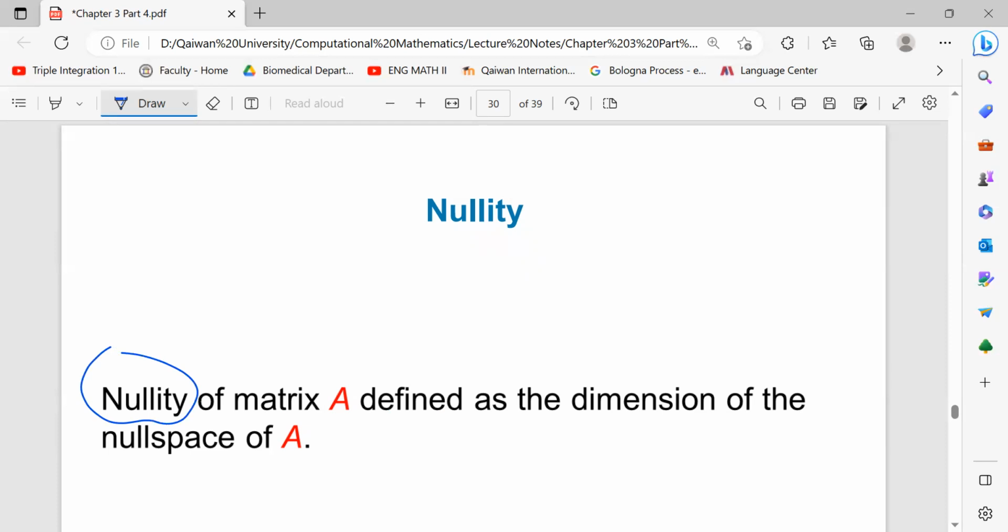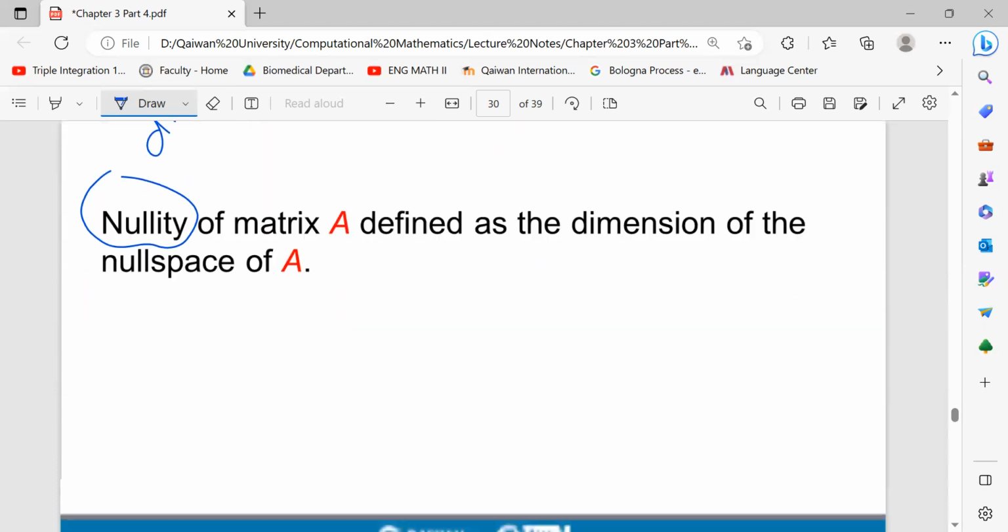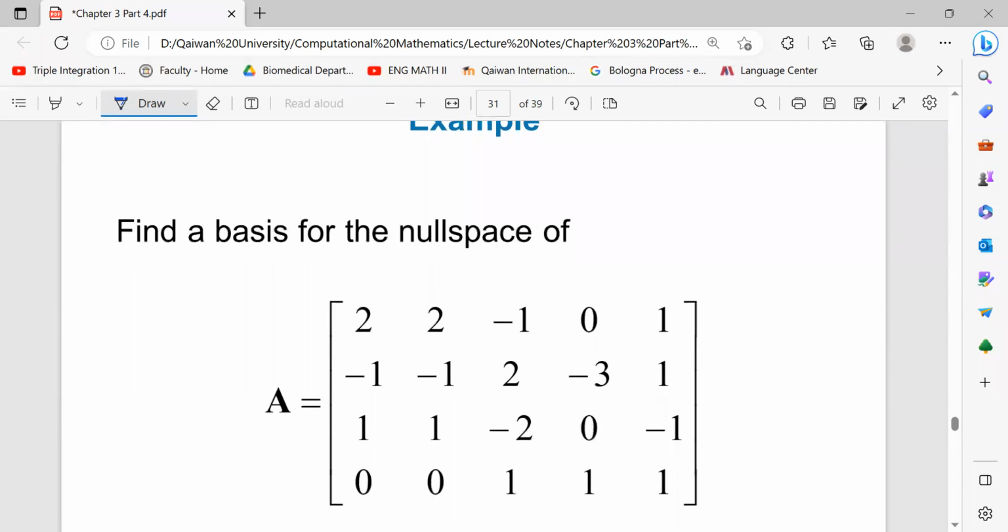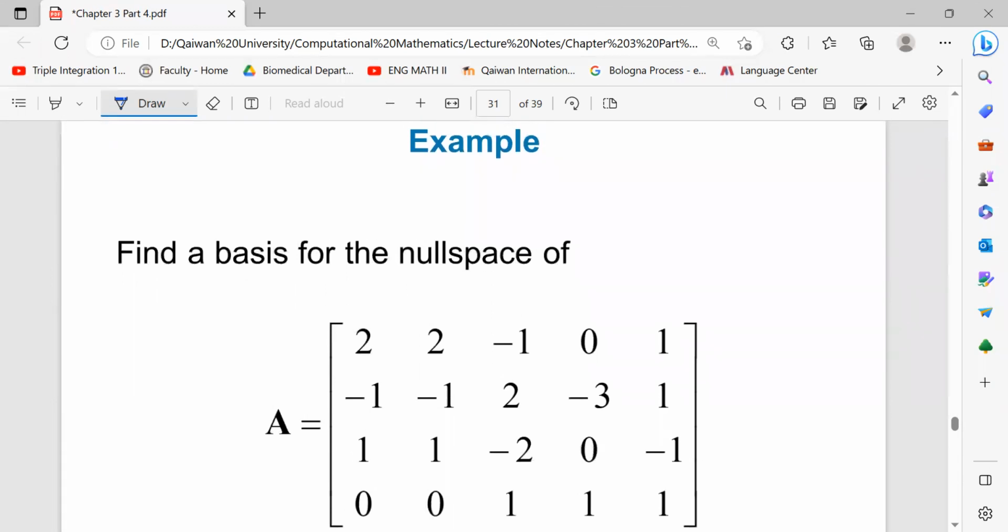This is the dimension of N(A). N(A) means the null space of matrix A. Let's see how to find the null space. We need to first find the null space, then the nullity is the dimension of the null space.